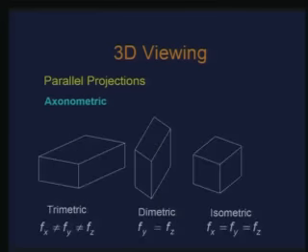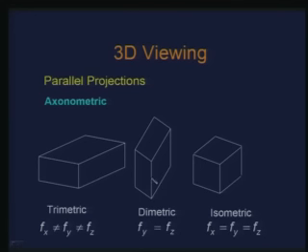Let me give you the pictorial representation here. This is isometric, where f_x is equal to f_y is equal to f_z, so all the foreshortenings are the same. In dimetric, I have two of the foreshortenings the same.